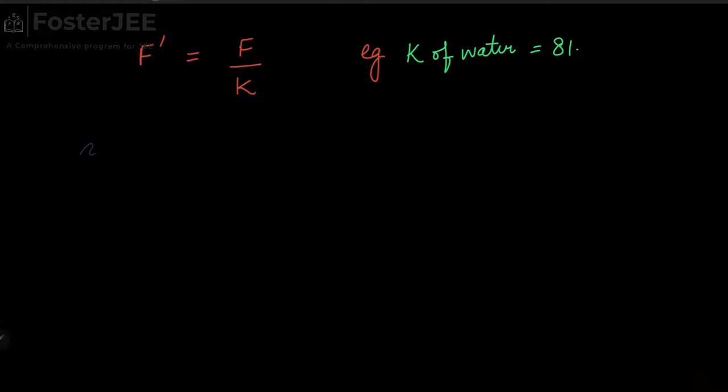Now, we will discuss Coulomb's law in vector form. The force is given by K q1 q2 upon r square. Note that K here is 9 into 10 to the power of 9 Newton meter square by Coulomb square, and this is the force in vacuum.